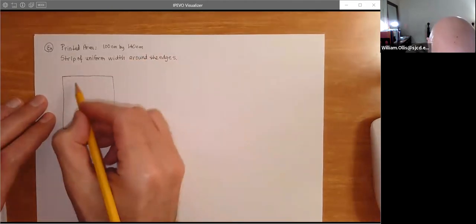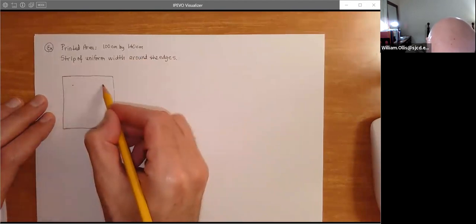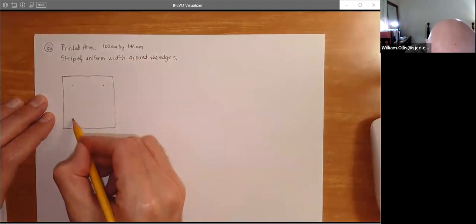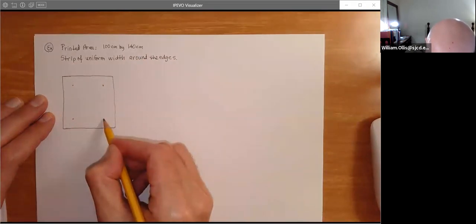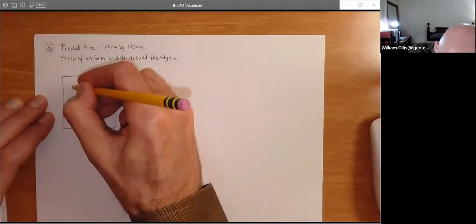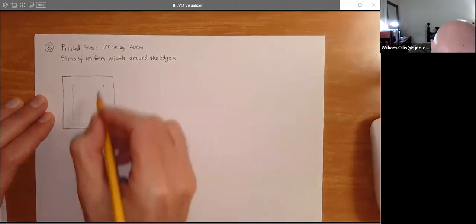Now, we've got this strip that has uniform length. So I'm just going to go ahead and mark off the strip so you can easily see what I've described. So just like a picture, you can think of the strip as like a frame.